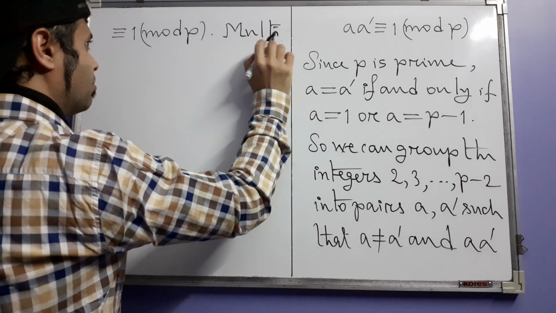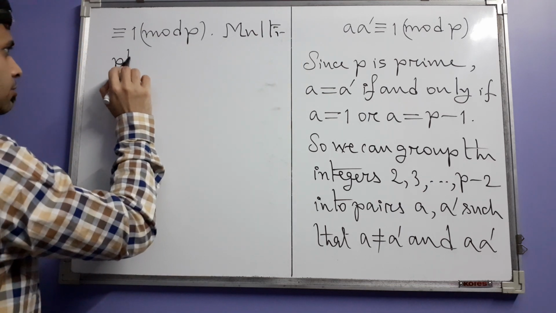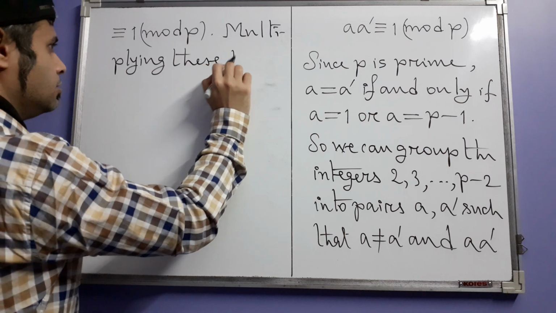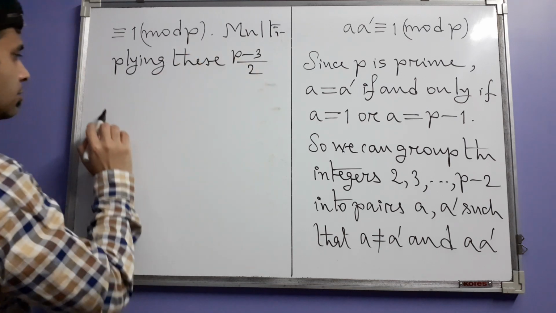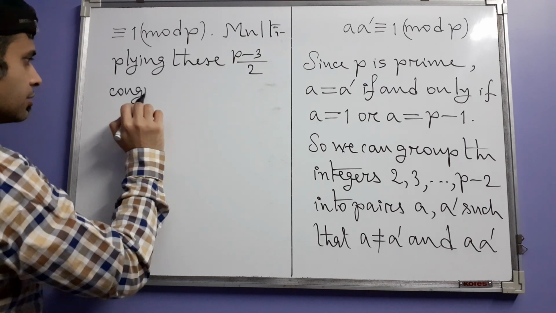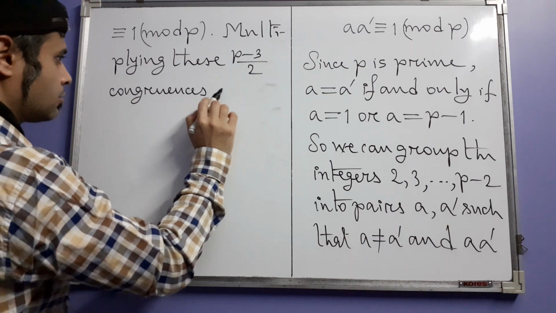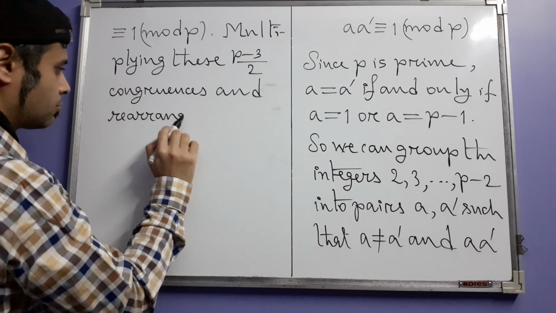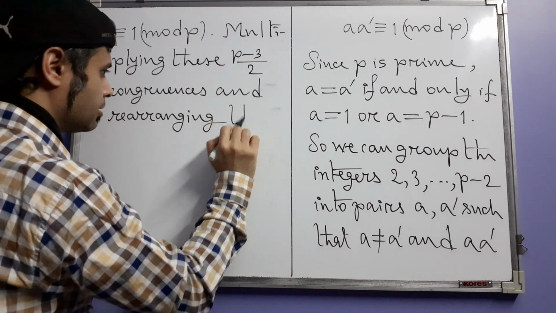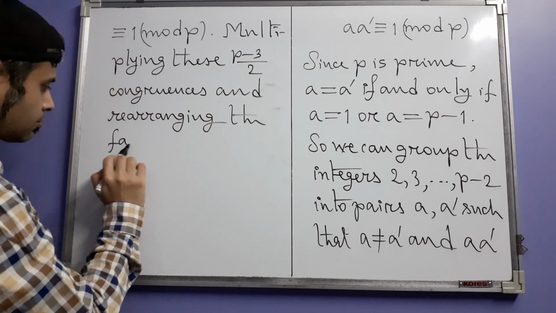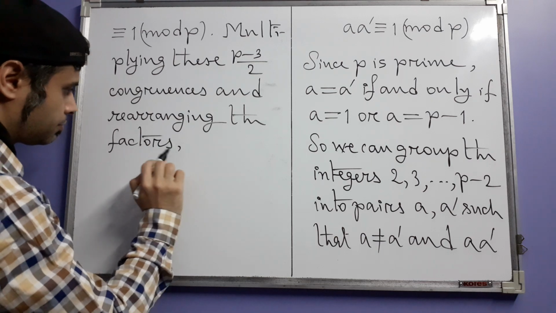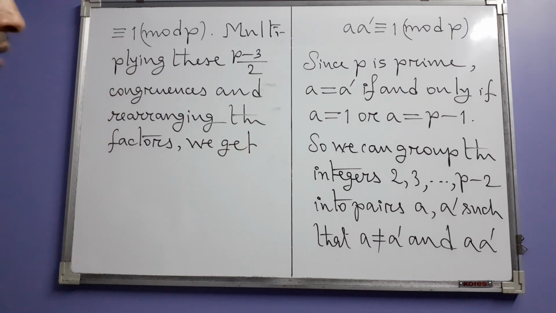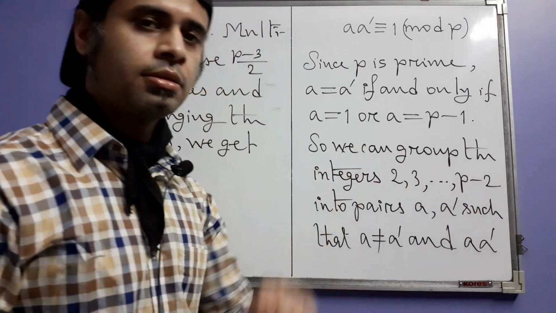Now, if you multiply this many congruences and rearrange the factors, what will we get? We are actually going to get these numbers again.